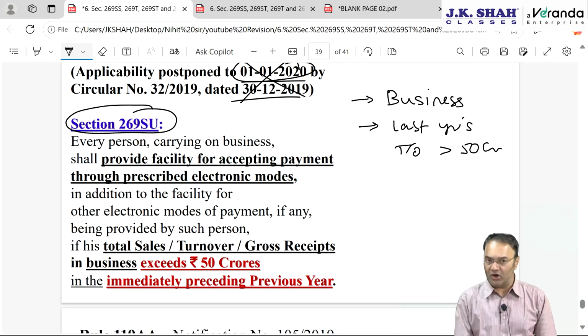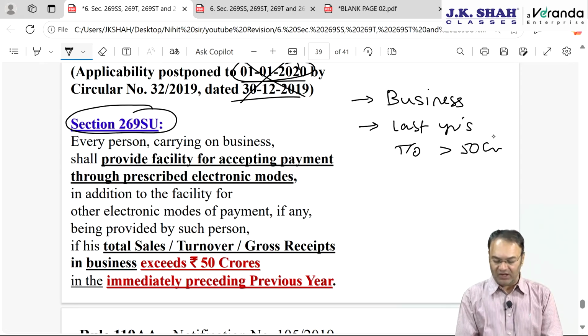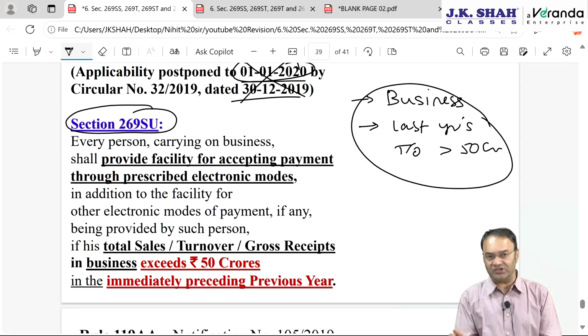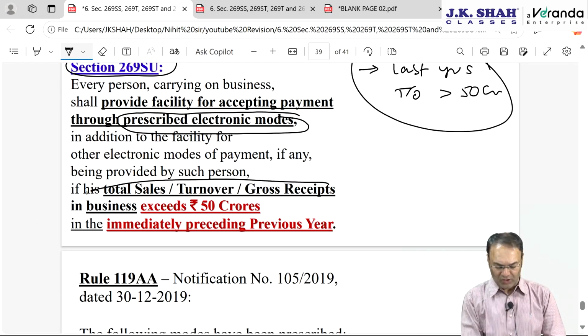Like JK Shah Classes Private Limited, last year's turnover, let's say 90 crore. In such a situation, they will have to allow their students, their customers, to make payment by way of prescribed electronic mode. Prescribed electronic mode means 3: RuPay debit card, Bheem UPI, UPI QR code. If last year's turnover exceeded 50 crore.